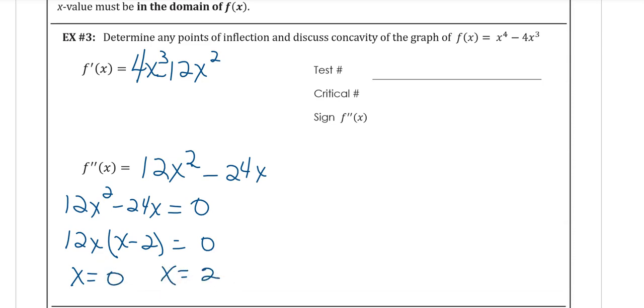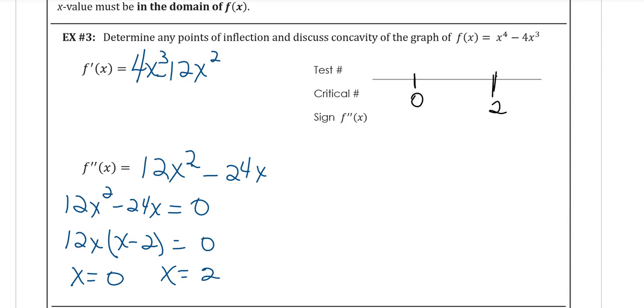So now we're going to do a little sign chart here. Let's add some things to this chart. We have a possible inflection point here at 0 and one here at 2.